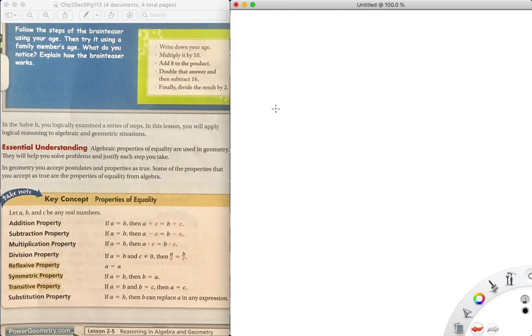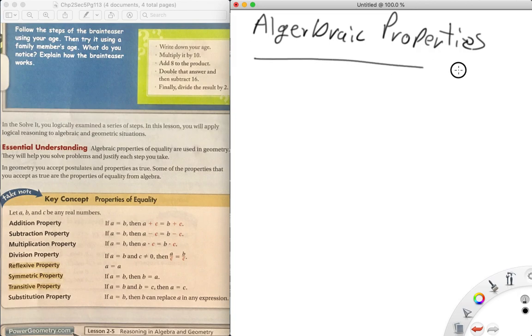A couple properties that you guys already know how to do. These are algebraic properties. And the reason why they're called algebraic properties is because they involve variables and adding and subtracting things.